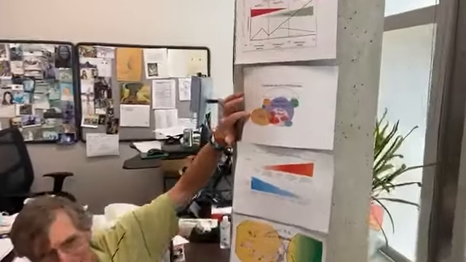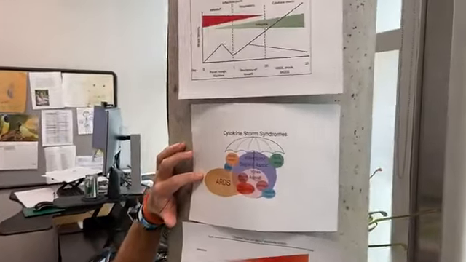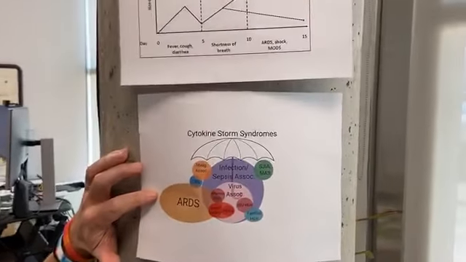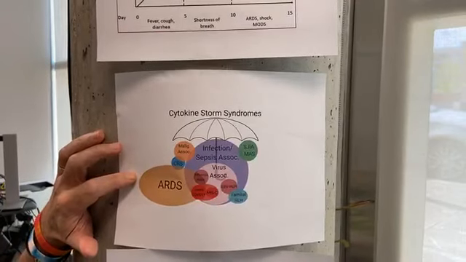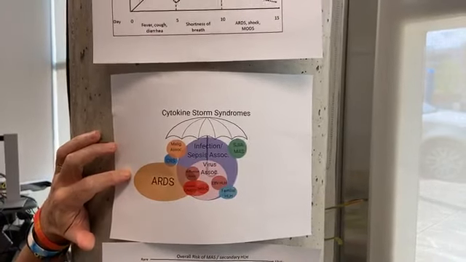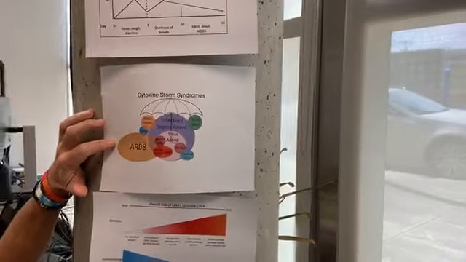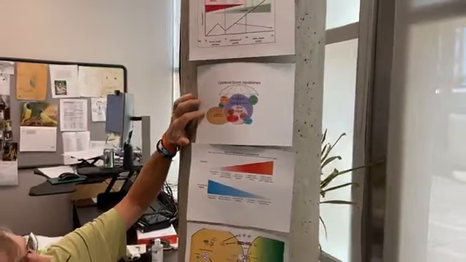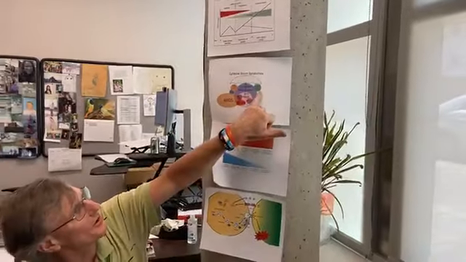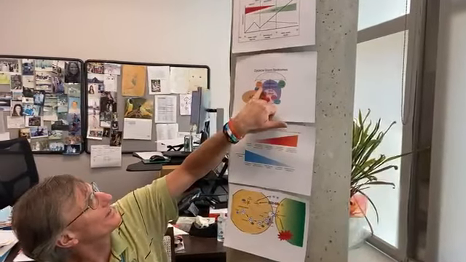A colleague of mine, Scott Canna, generated this figure for an overview paper about cytokine storm syndromes. Cytokine storm syndrome is an umbrella term under which there are multiple other named entities, including macrophage activation syndrome, or MAS.